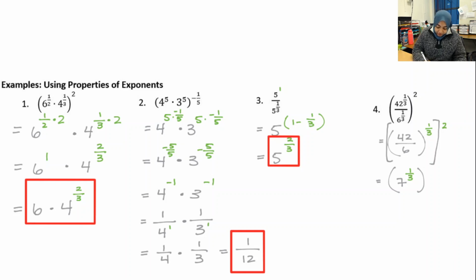Now, of course, I do have a power to a power, and I multiply those values together. So now I have 7 to the 1/3 times 2, which of course is equal to 7 to the 2/3.